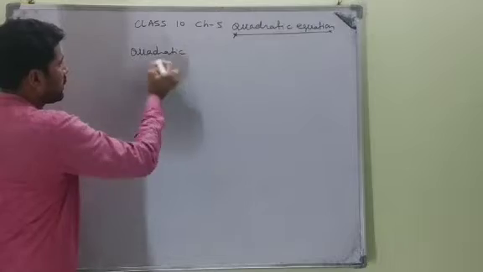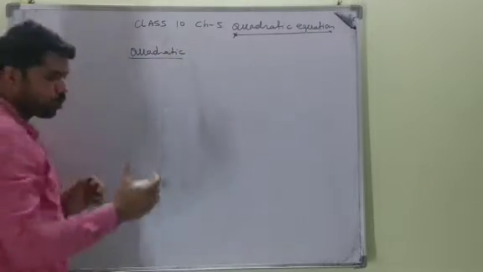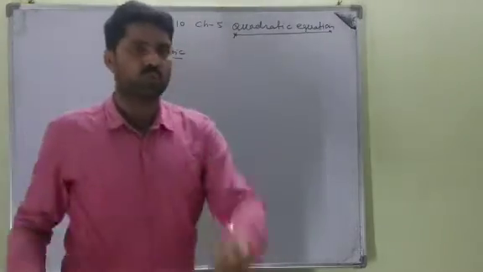Quadratic means quadratic. Quadri means two.